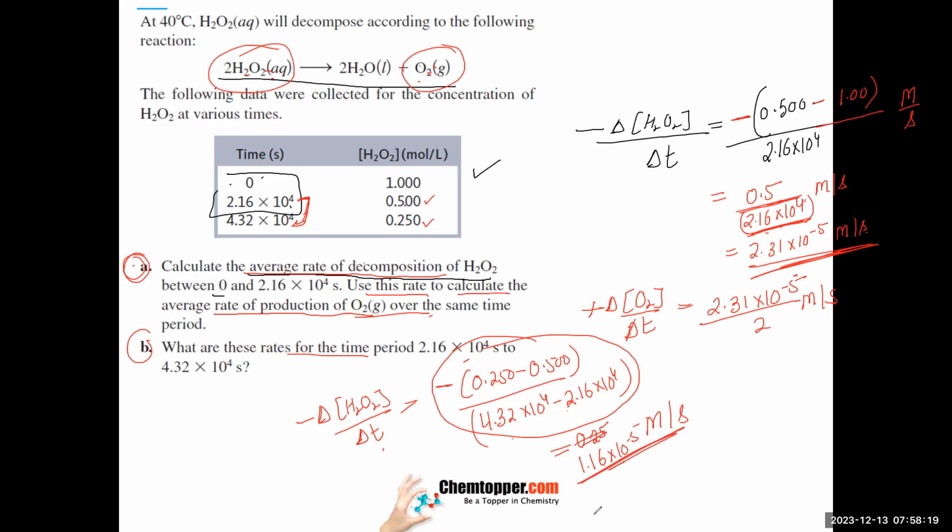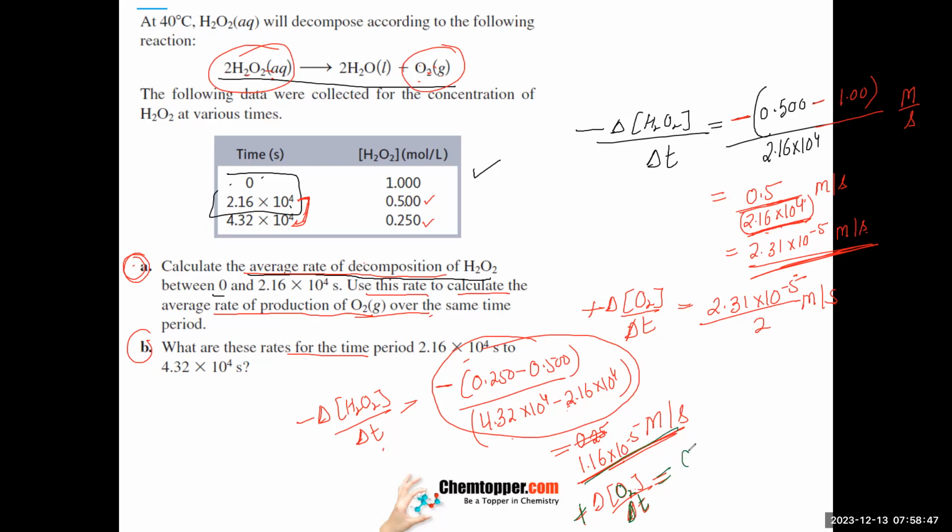Okay. Now get the delta O2, the rate of production of the oxygen gas. What is the rate of formation of O2, Aditi? The rate of formation of O2 will be half of this.